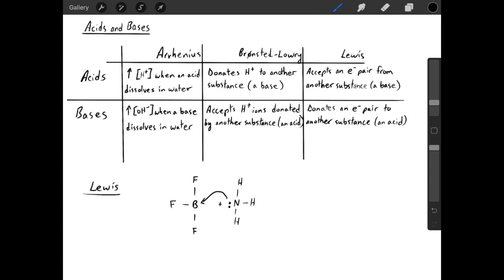So your BF3 accepts the electron pair, so it's an acid. The ammonia donates the electron pair, so it's a base. The product of this reaction is a molecule that's bonded between the boron and the nitrogen. And of course, these are terrible Lewis structures. I've left out all the lone pairs on the fluorine atoms, but I did that on purpose for reasons of clarity.